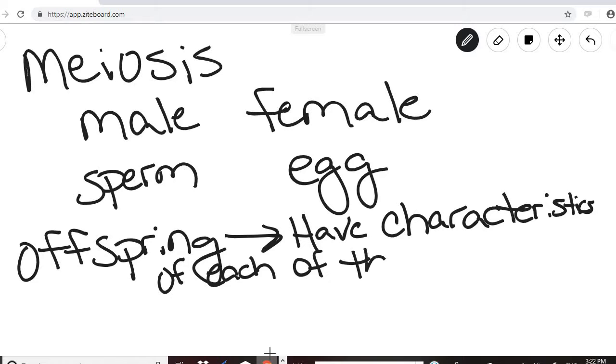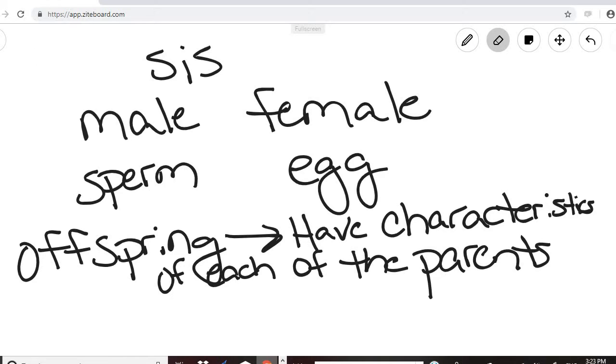So we might have eye color from the female and hair color from the male, but the traits are a mixture. The offspring will be a mixture of traits from each of the parents. Unlike mitosis, where the cells that are reproduced are exact copies of the cells from which they came.